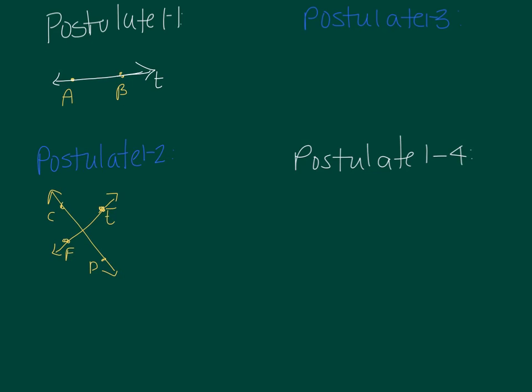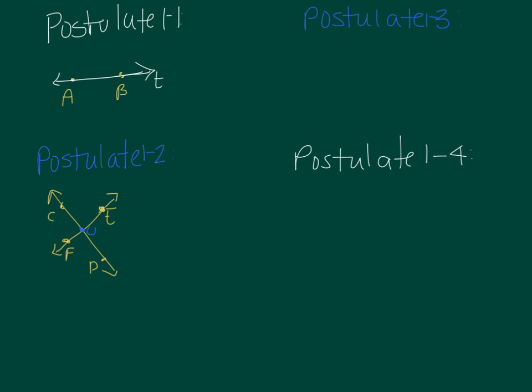According to this postulate, there is only one intersection point, and that point in this particular question, we're going to call it U. So if I have 2 distinct lines that intersect, then they intersect in exactly 1 point. So for this picture that I drew, we would say that lines CD and EF intersect at point U.